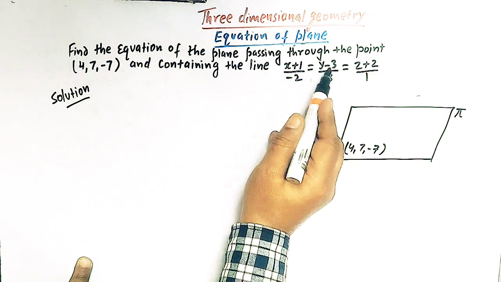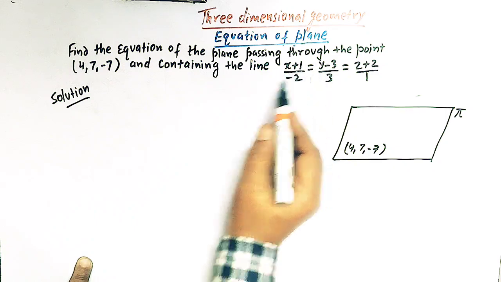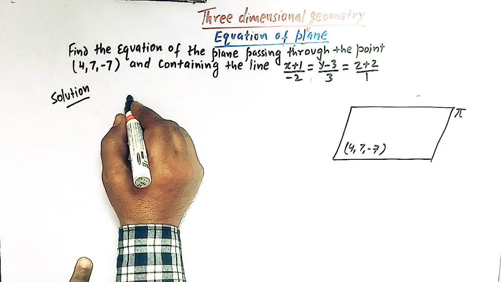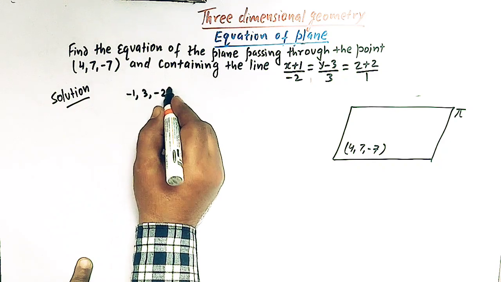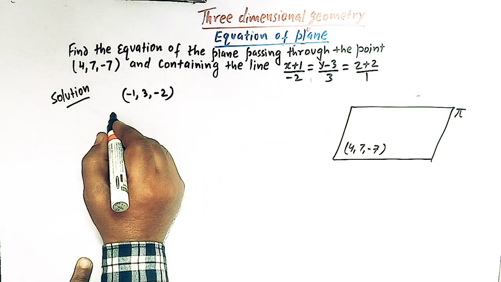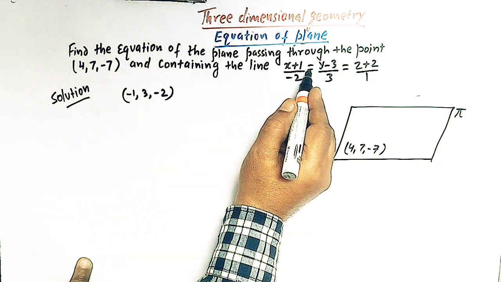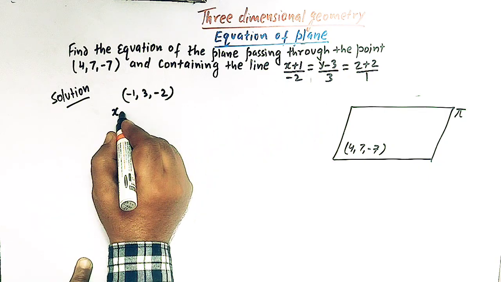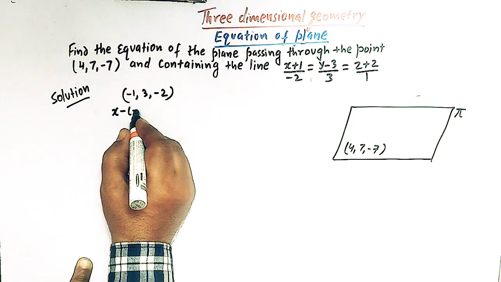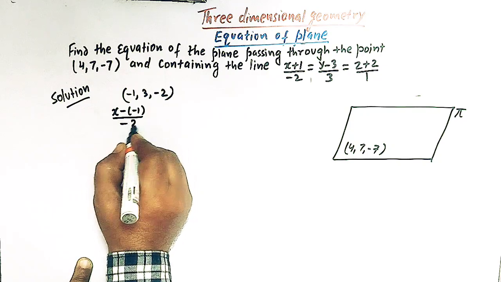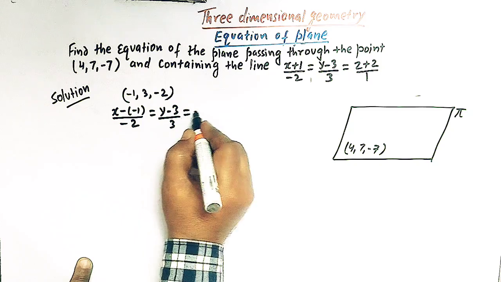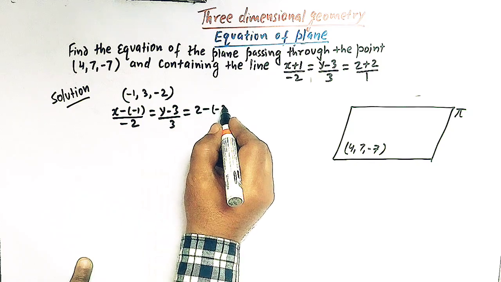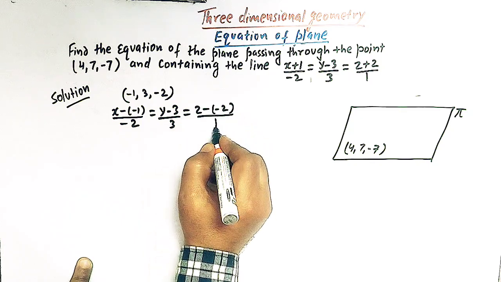Now see, this line passes through the point that is -1, 3 and -2, because here we can write the equation of the line like this, that is (x - (-1))/(-2), (y - 3)/3, and (z - (-2))/1.